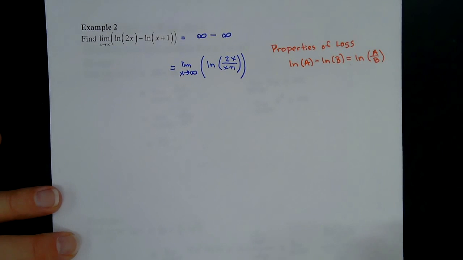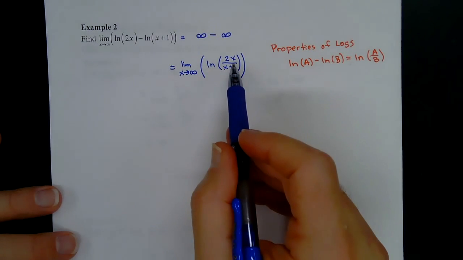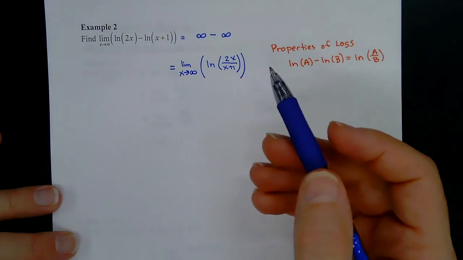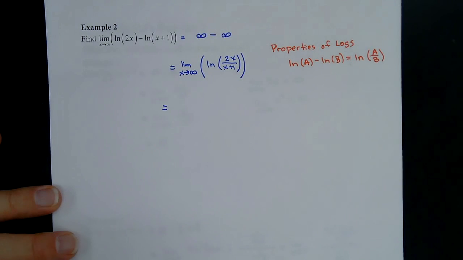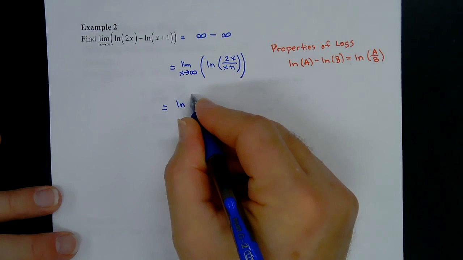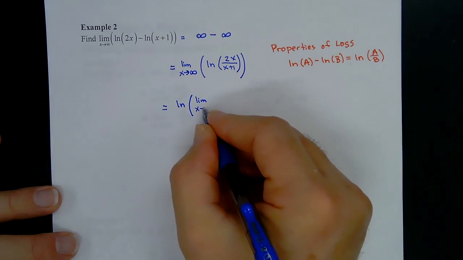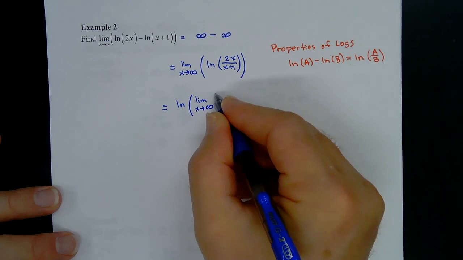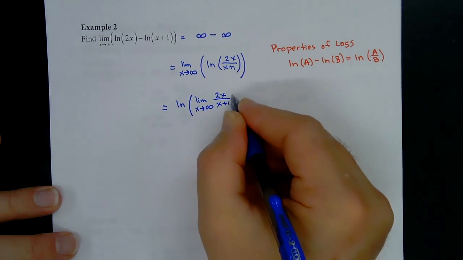Okay. All right, so now we're taking the limit of a function, and there's a function within that function, right? So this is a composition of functions. So we're doing a lot with this problem. So what we can do is take the natural log of the limit as x approaches infinity of 2x over x plus 1.